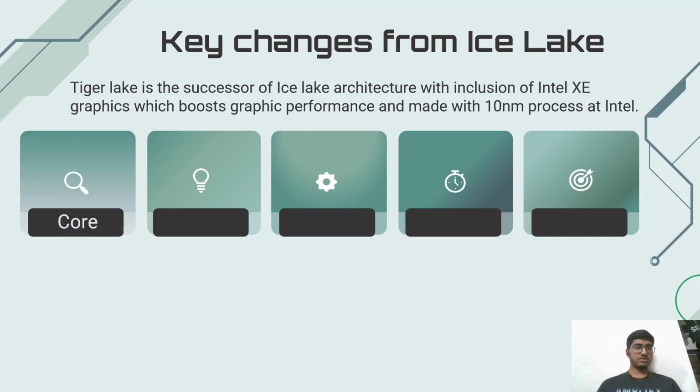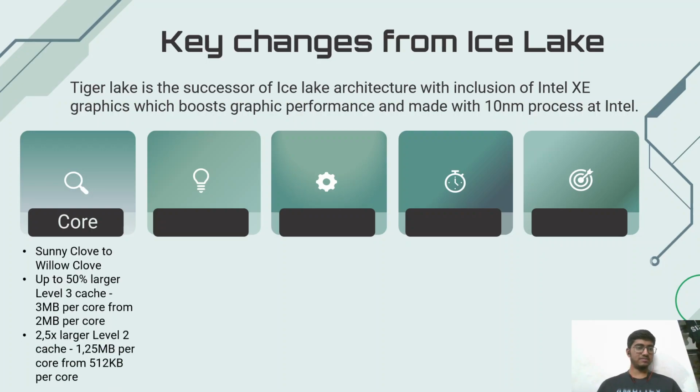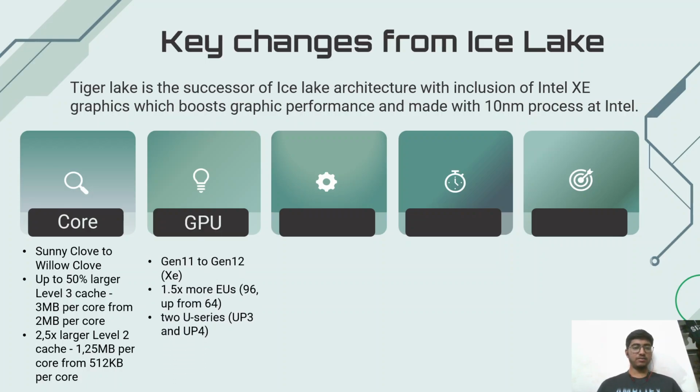The first change is the core. Sunny Cove to Willow Cove is changed, with up to 50% larger level 3 cache, 3 MB per core from 2 MB per core, and 2.5x larger level 2 cache, 1.25 MB per core from 512 KB per core. Second one is the GPU, generation 11 to generation 12 Xe graphics, 1.5x more EUs, up to 96 from 64, for U series UP3 and UP4.